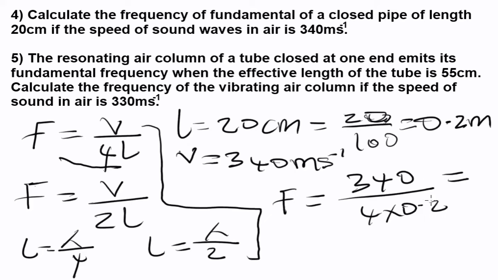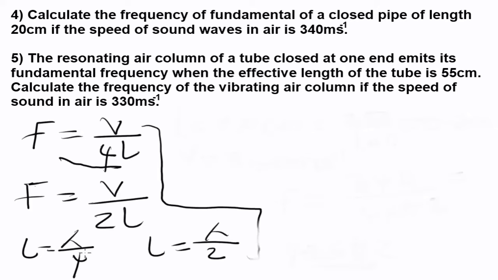Okay, so let me punch everything in my calculator. So I have it to be 425 Hz. So that's the unit of frequency, Hz. Okay, so that's for question 4. Now let's wipe this and solve question 5, and after it you can call it a class.